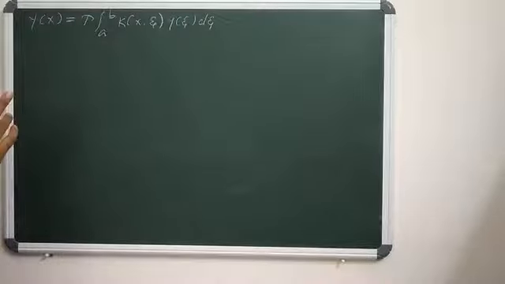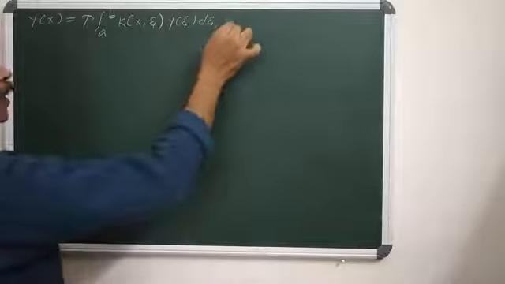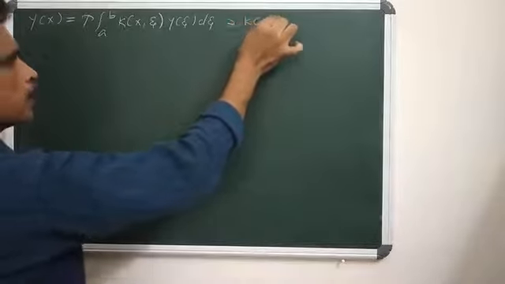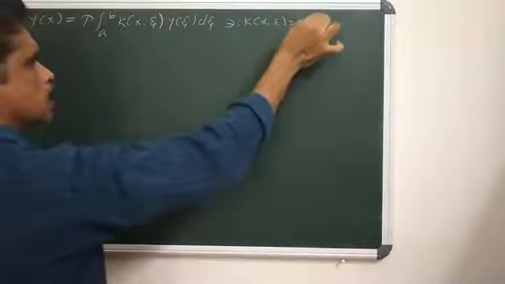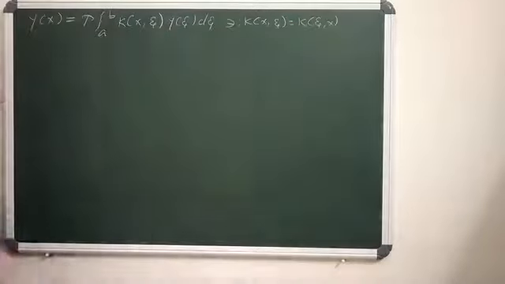Here it is given that k(x, theta) is symmetric, meaning k(x, theta) equals k(theta, x). Then we have to show that these characteristic values are strictly real.